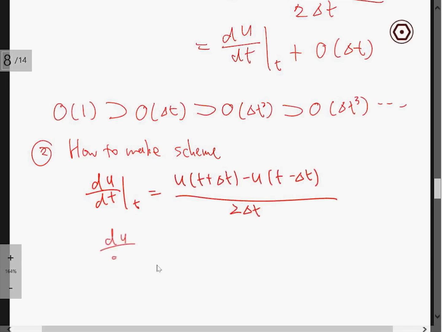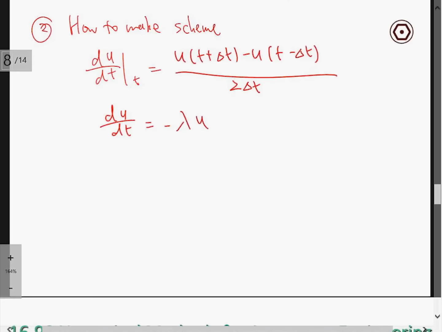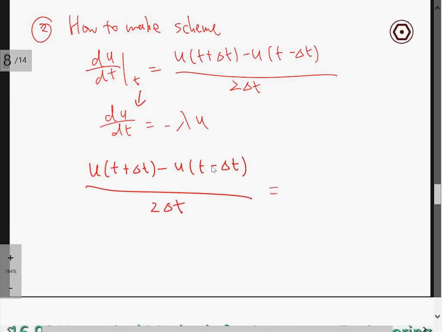We have a differential equation, du/dt equal to minus lambda u. Again, the only thing you need to do is to plug this into this. So we have u of t plus delta t minus u of t minus delta t divided by 2 delta t is equal to minus lambda u at t.